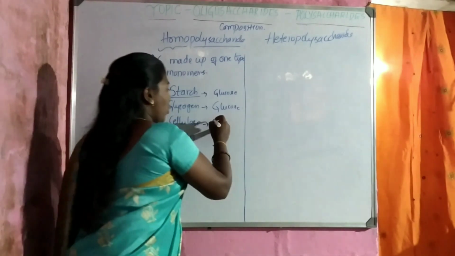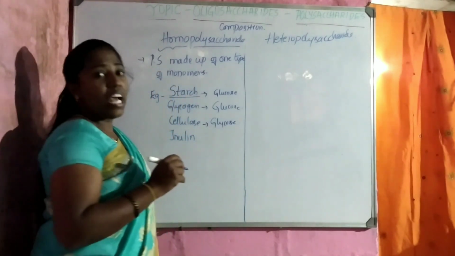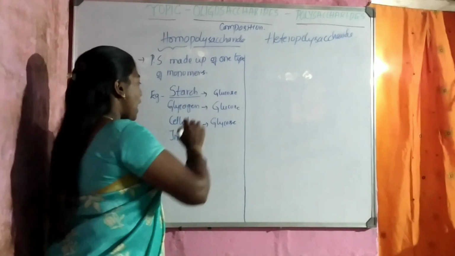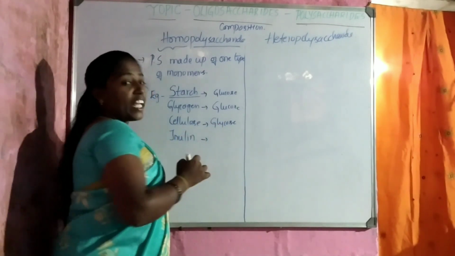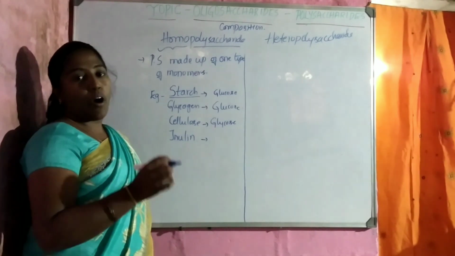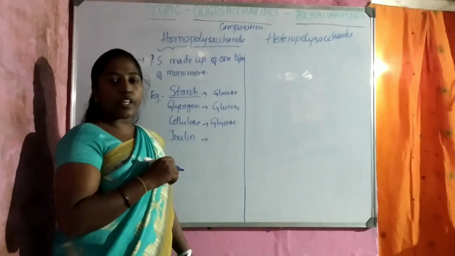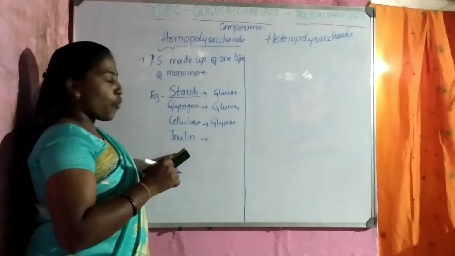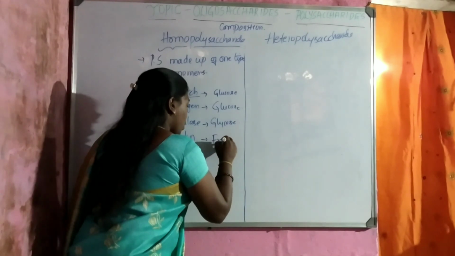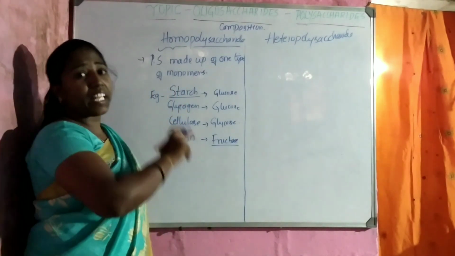Many glucose are connected by glycosidic bonds and form a large molecule called cellulose. Next is inulin. Inulin is made up of fructose. Many fructose are connected by glycosidic bonds, resulting in the formation of inulin. So fructose is the monomer in inulin.